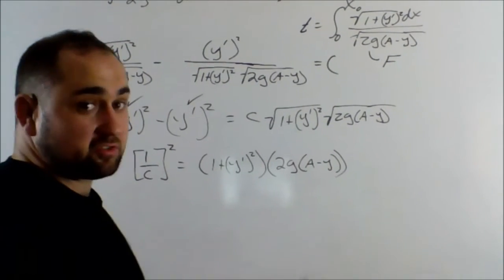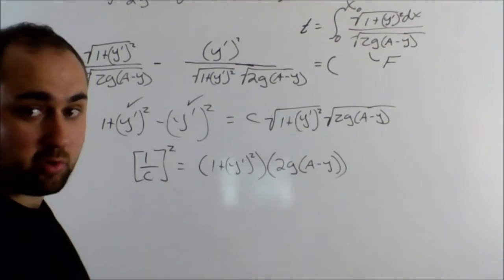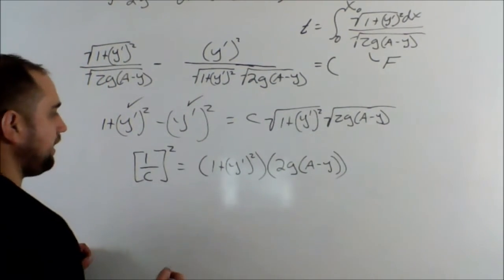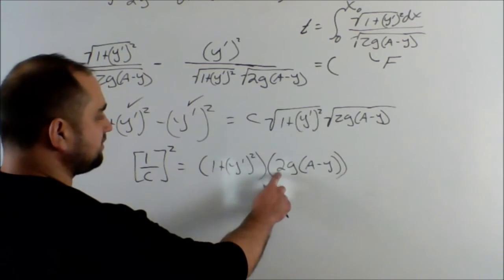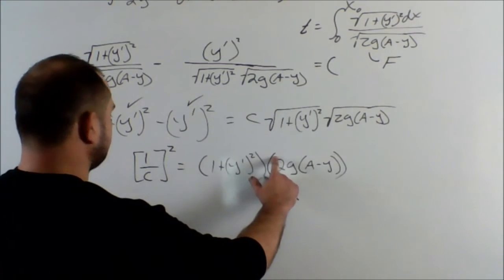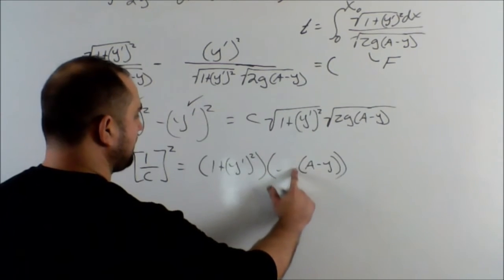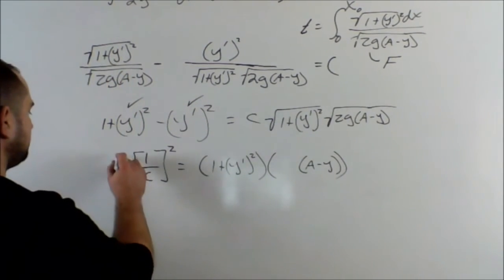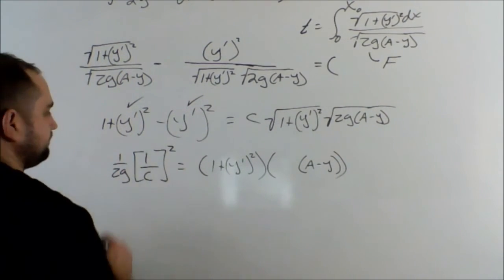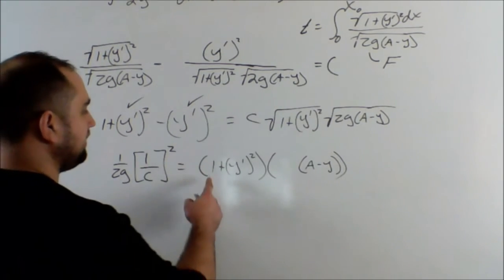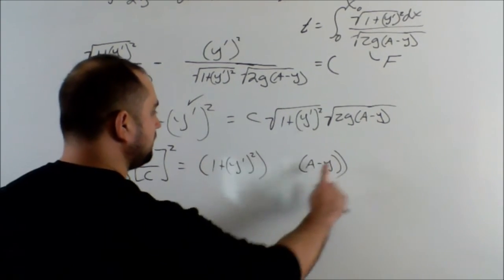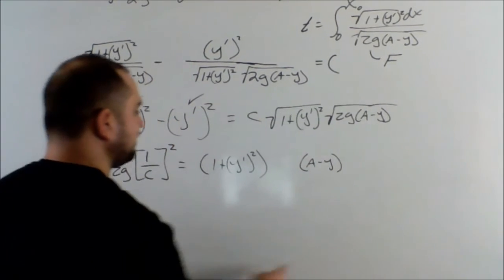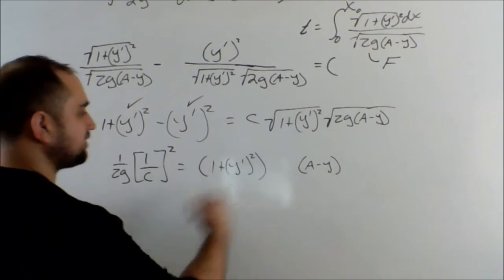Okay, so I've just squared both sides. So now I can divide by 2g, and distribute or multiply through. Factor this out.